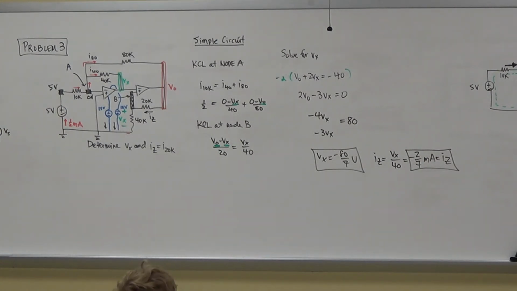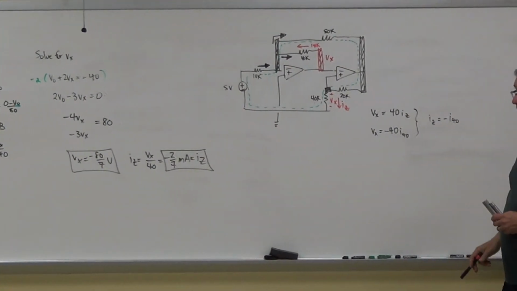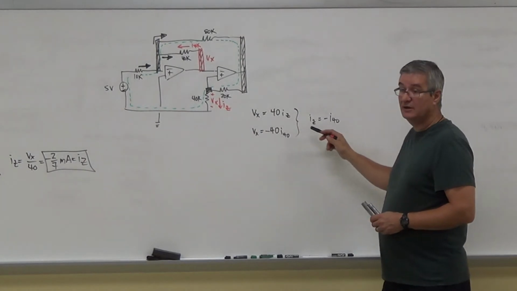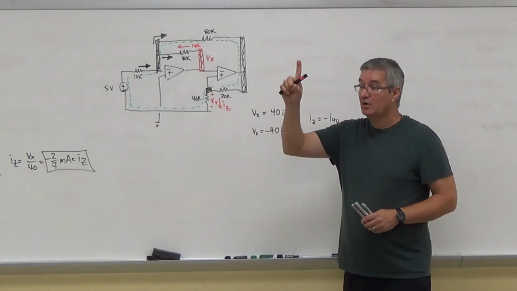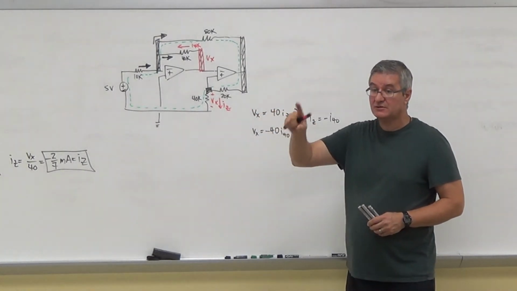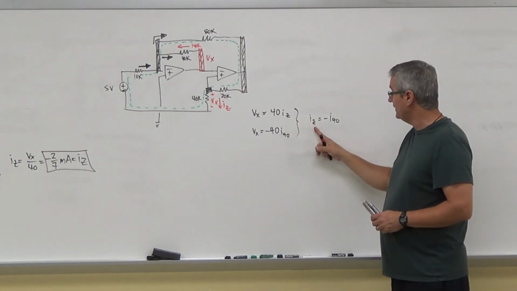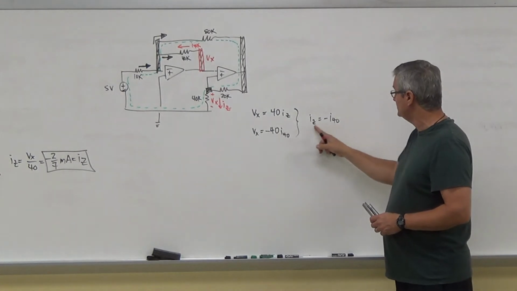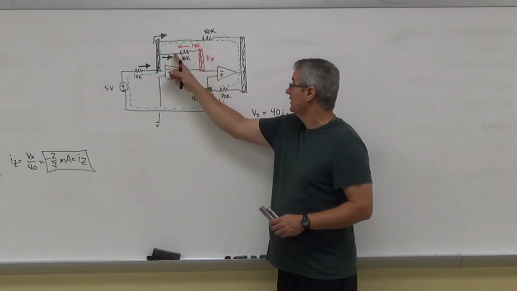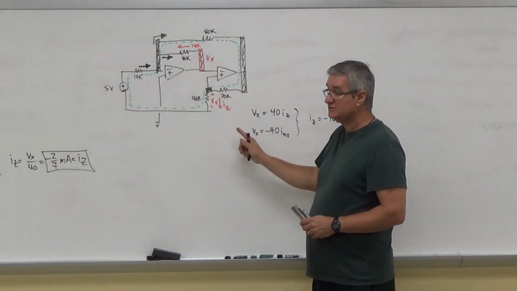I'm using that polarity to define that. So if you apply KVL like that, and then you use this condition, you get two equations with one variable. So now I can relate these two by just looking at that voltage. What they did here is they just did this.